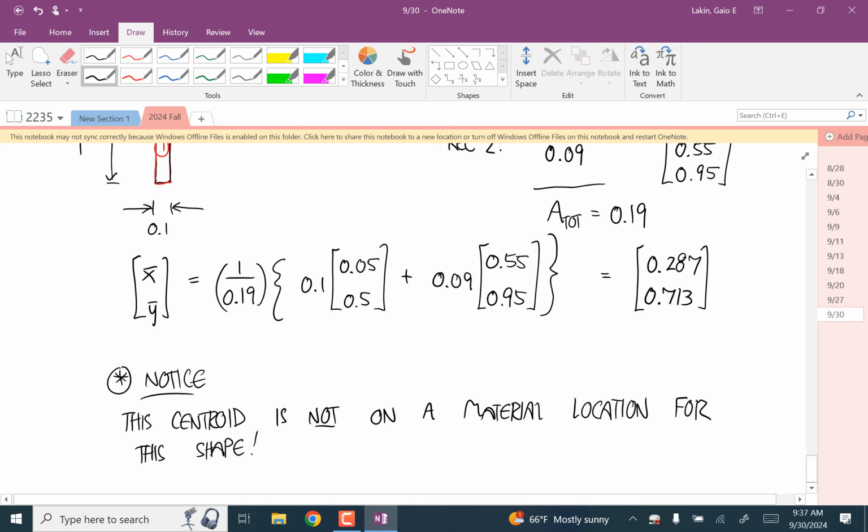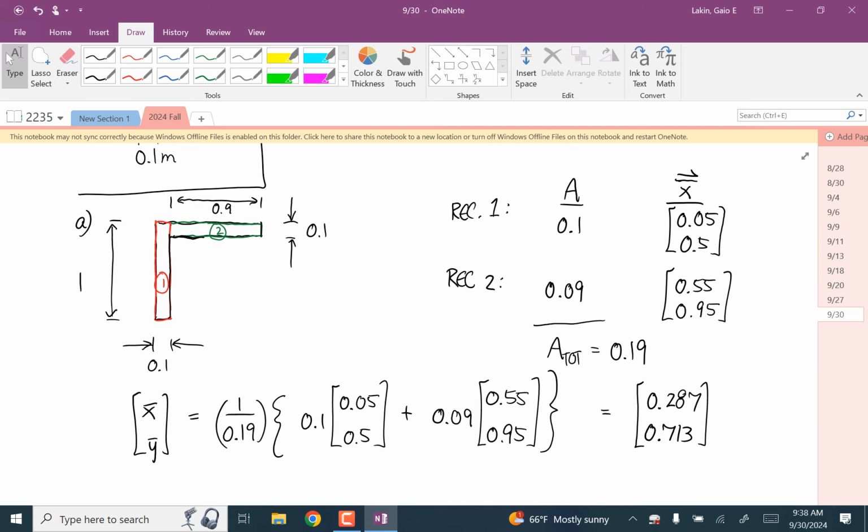So there's no reason that the center of mass or the centroid needs to be on actual material. It makes sense if you think about the centroid of a ring. You know from symmetry it has to be at the center of the ring and there's no material there. Okay, so this centroid is somewhere like this.